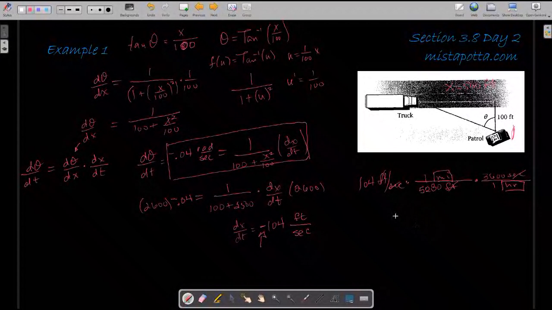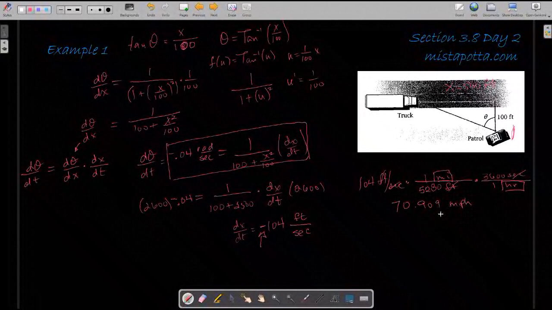And when I do this calculation, I find out that I get 70.909 miles per hour. So this is the speed of our truck. Again, remember, I'm ignoring this negative because it's just reflecting that the truck is heading towards us.